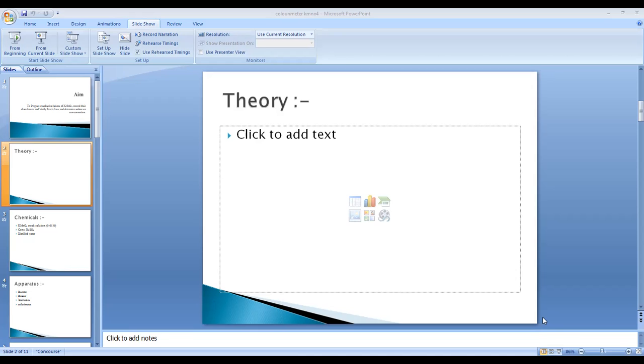Now see, in this experiment, first of all, we have to determine the lambda max for the KMnO4 solution. So its theory, first of all, I am going to play here.